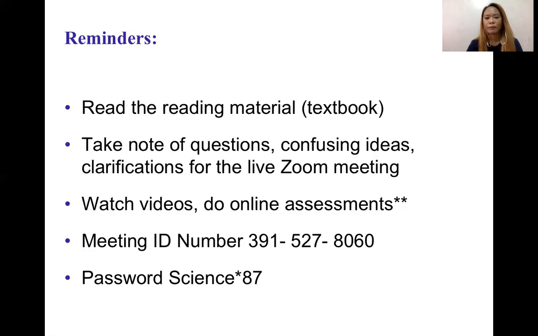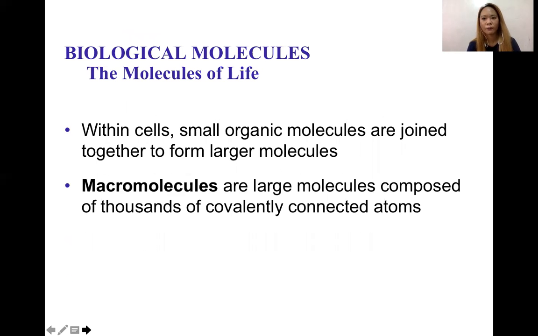Since I'm done with those reminders, let's start with the first ever topic for Biology 1, and that is biological molecules. When we say biological molecules, it means that these are the molecules of life, which means that all living things, whether it's humans or animals or the small insects, we all have these biological molecules.